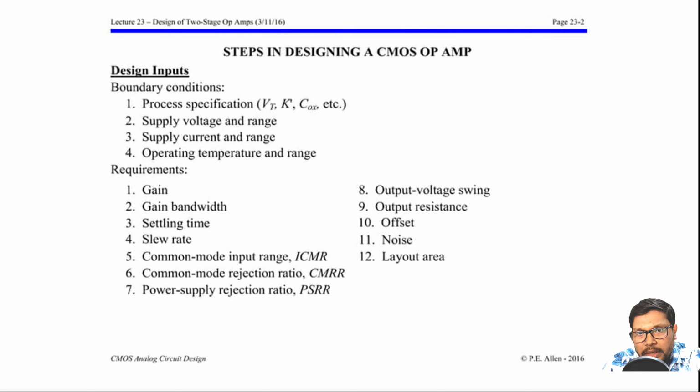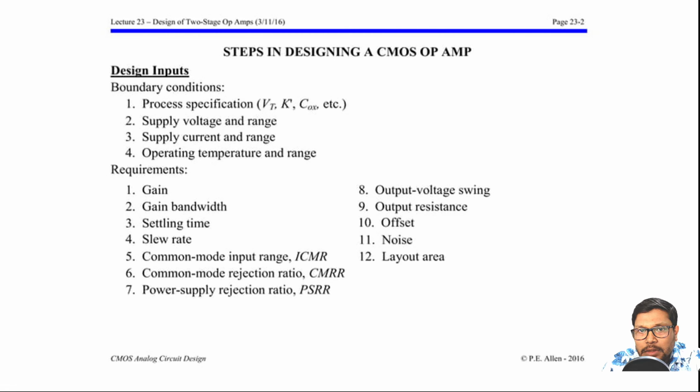And the operating temperature range, like minus 25 to plus 125, or minus 42 to plus 125. That will be our operating range, and within that range our requirement should not vary much.